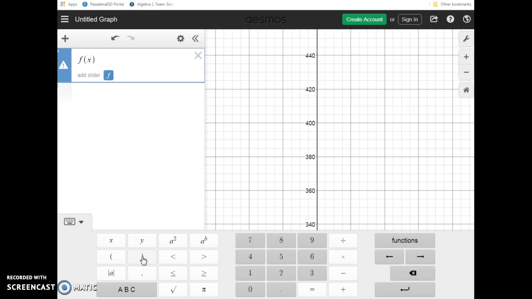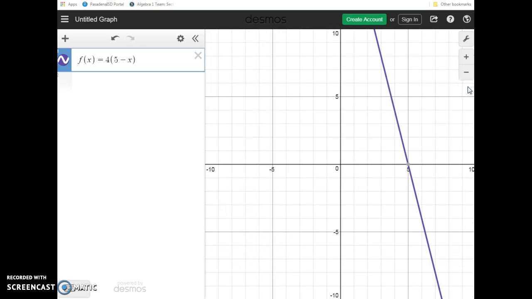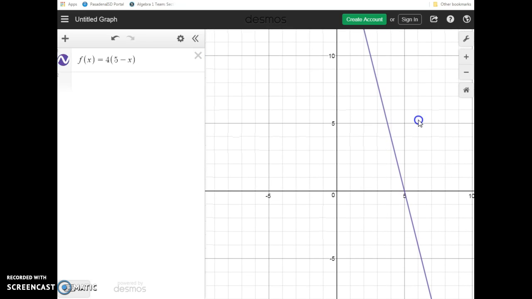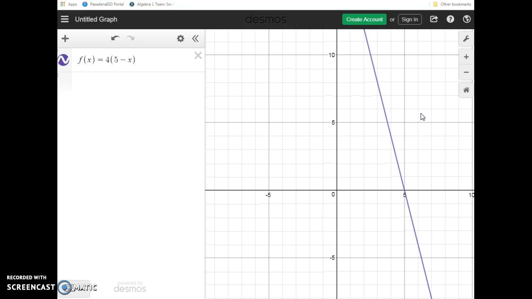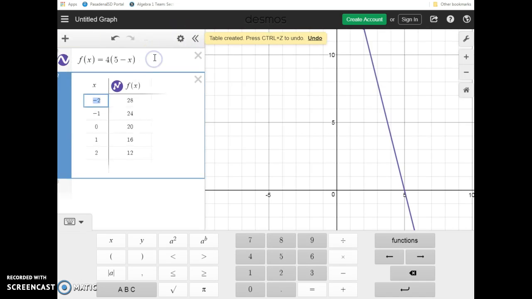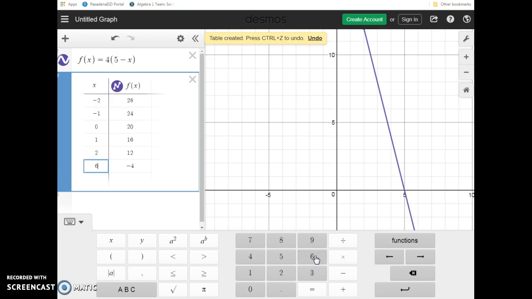It will give you the same thing. 4(5 minus x). Hit the little house button if you're not in the main screen so you can see what it looks like. Then you open up the settings because we want to see the table at 6. The table, and I want it at 6. Okay? And it gives you the answer.